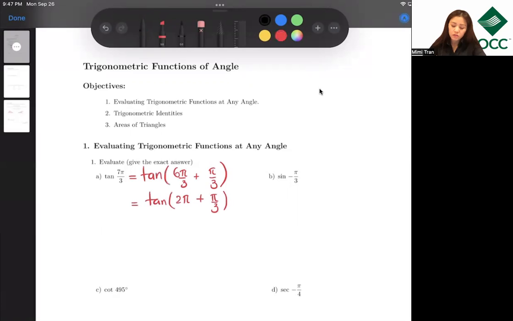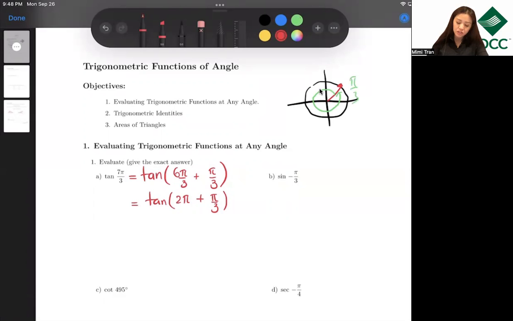Now, on a unit circle, because it's a circle, you start out with pi over 3. Pi over 3 right here. And then you go another 2 pi, you mean you go another 360 degrees, so that means you go around counterclockwise 360 degrees. And because it's 360 degrees, you go back where you started.